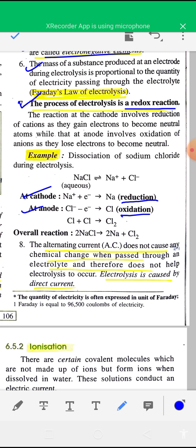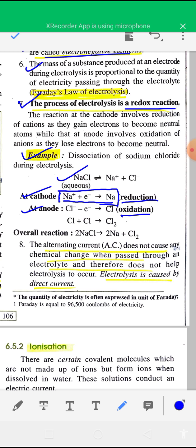If you pass electric current through molten sodium chloride, it dissociates into Na+ and Cl- ions, and on passing electric current, the Na+ ion, the cation, migrates towards cathode and is reduced by gaining one electron.